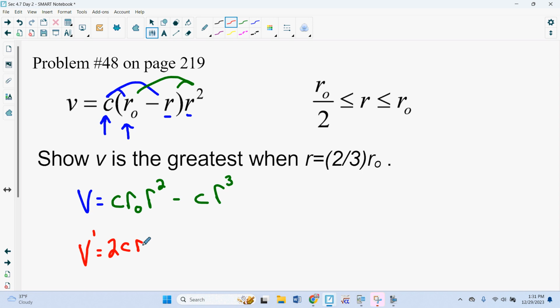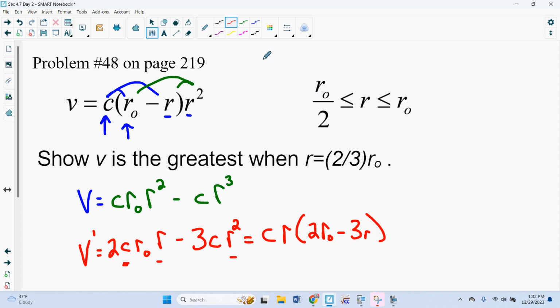Remember, C and R sub 0 are just constants. Now, if we factor this, we can factor out the C and the R. So this is going to give me C times R times 2R sub 0 minus 3R.